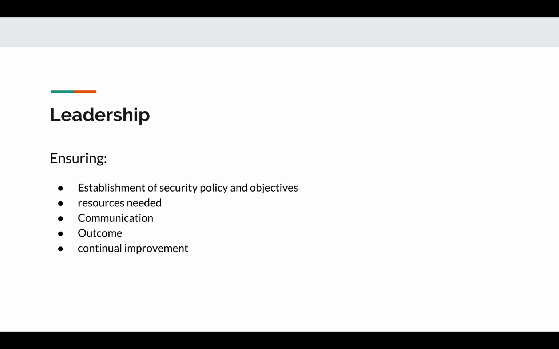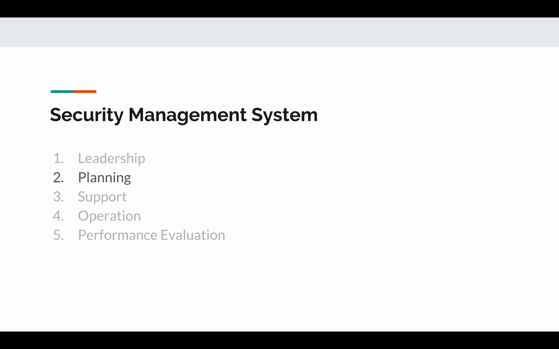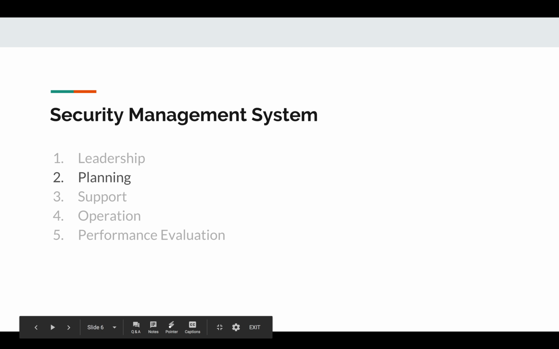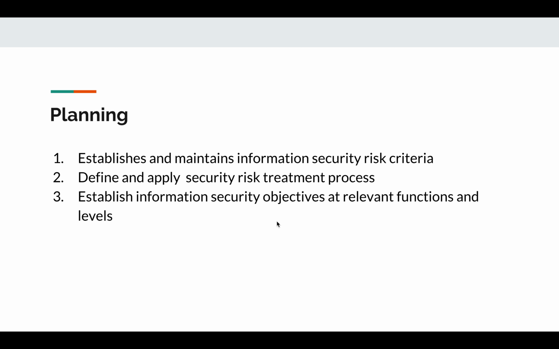So after we have a good leadership, we need to do planning, we need to come up with the policy. The policy, we need to make according to the requirements mentioned above. So the planning includes 3 parts.